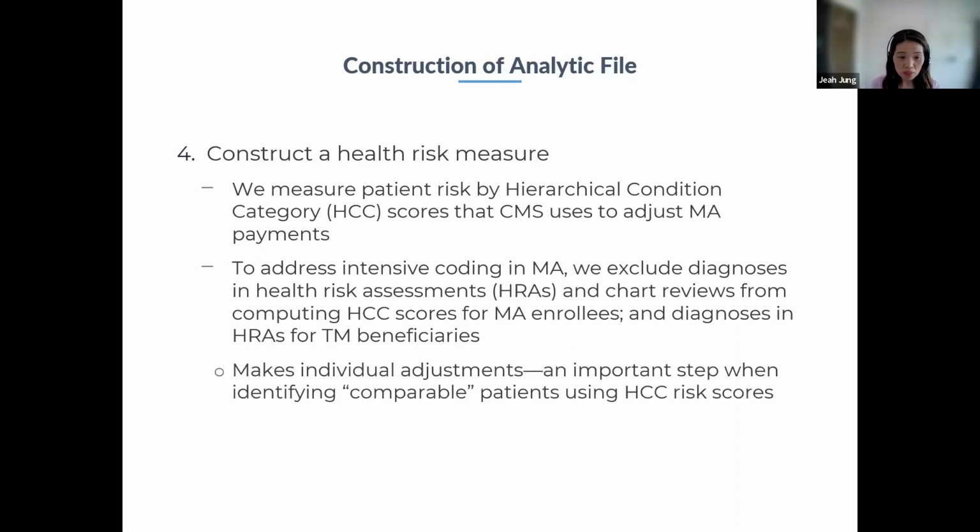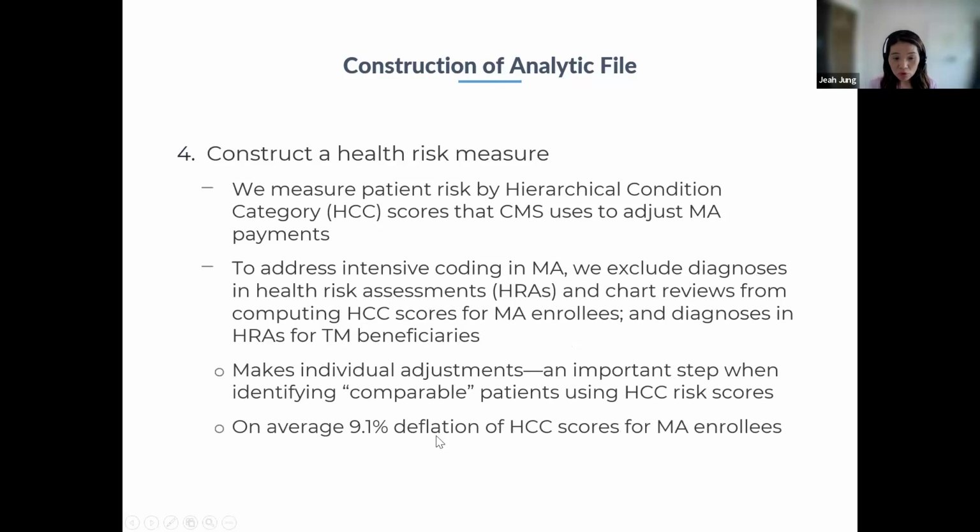When we excluded these diagnoses from these two sources, that deflated HCC scores for MA enrollees by more than 9%. If we didn't do this deflation, we might overestimate the MA effect, because it would look like MA enrollees are much sicker than their actual risk.